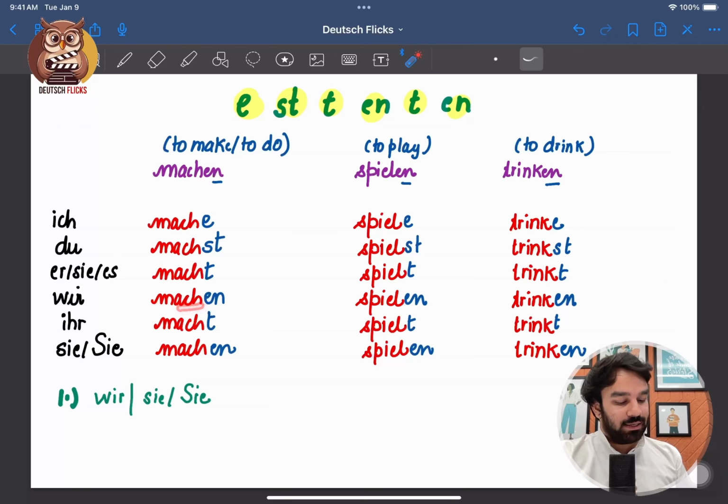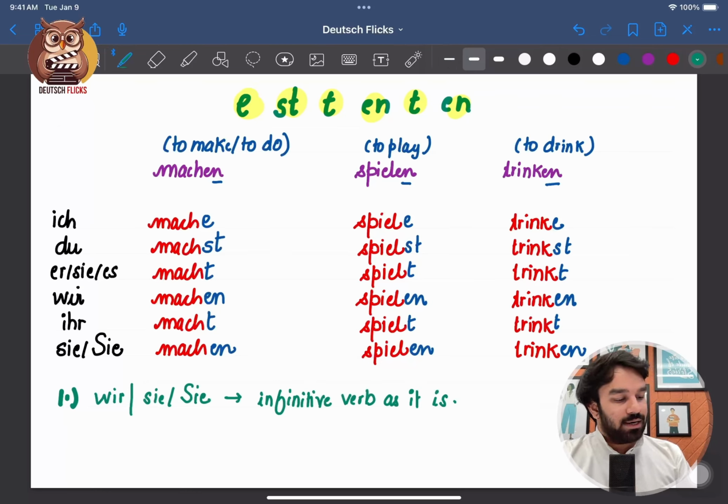Wir machen, sie machen. If I give you any random verb, let's take vermeiden, which means to avoid, the conjugation of vermeiden with wir and sie will be the same: vermeiden. Alright? So this will be our first observation, that with wir and sie, we take the infinitive form as it is.